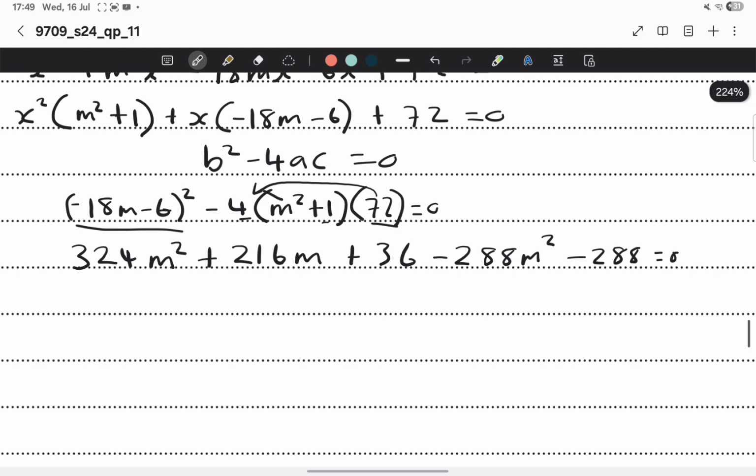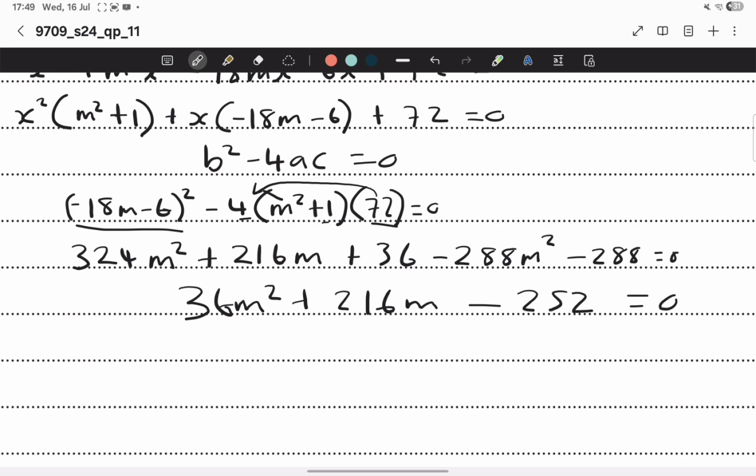With this, 324 minus 288 gives 36m², plus 216m, and 36 minus 288 gives minus 252, equals 0. If we divide everything by 36, we get m² + 6m − 7 = 0.